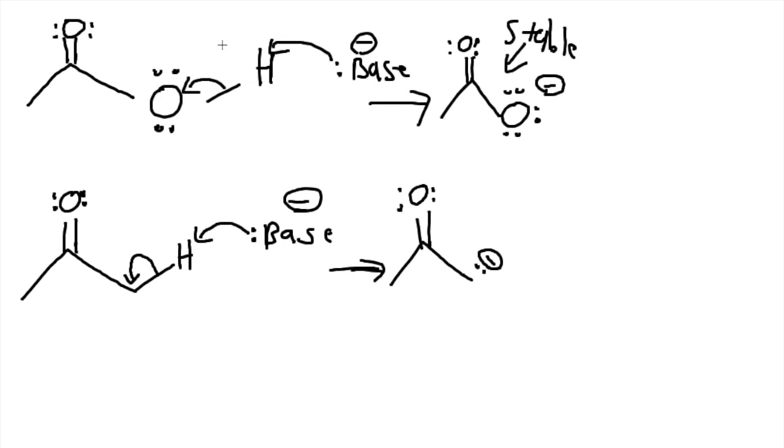In this case, this is the stronger acid because it has a stable conjugate base because of the oxygens. Electronegative elements like to carry negative charge. Here the carbon does have a negative charge, but oxygen is much more electronegative than carbon.